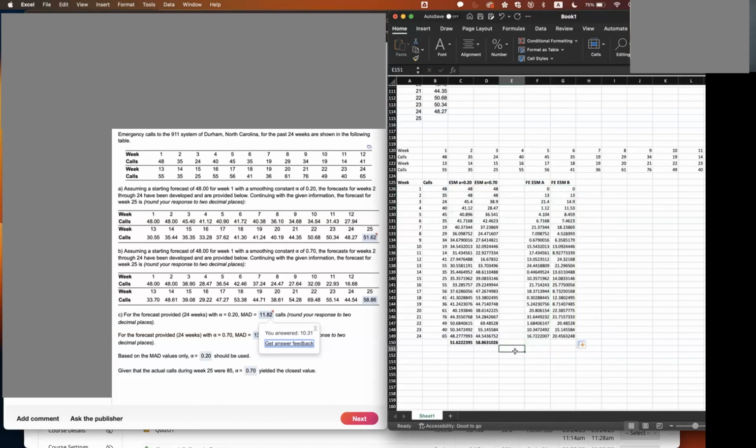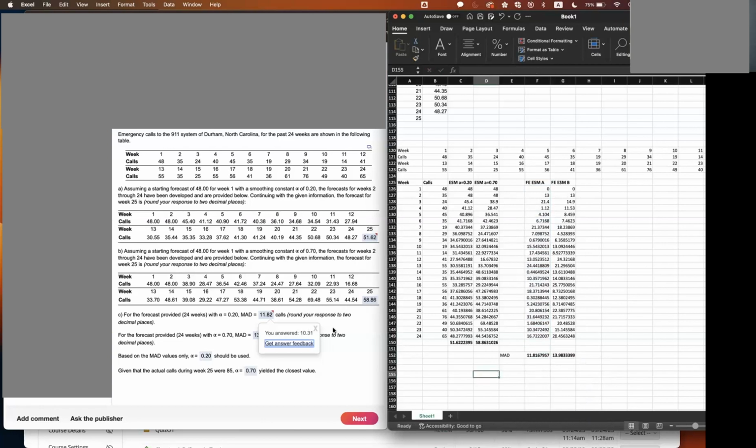And then I'm going to calculate MAD. MAD is very simple, right? So it's just the average of these errors. So average of these errors, hit enter, 11.86, copy that.